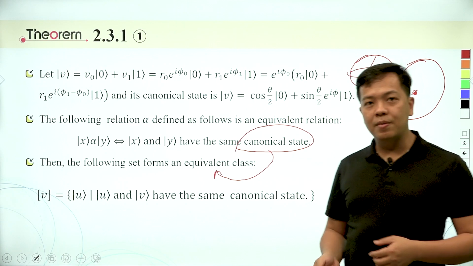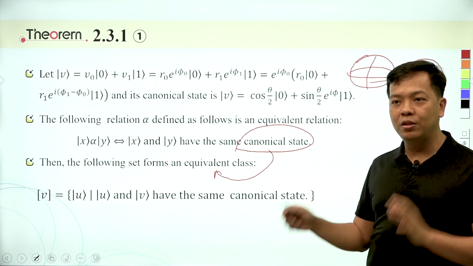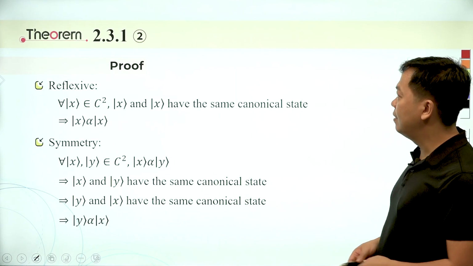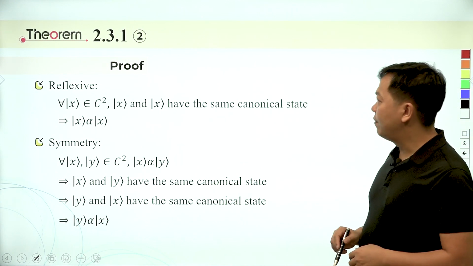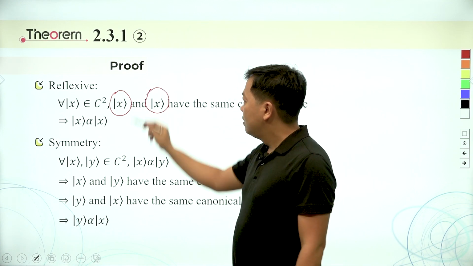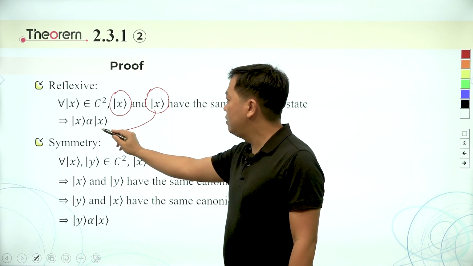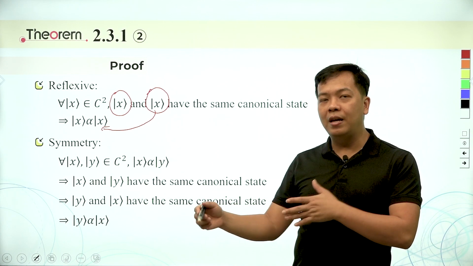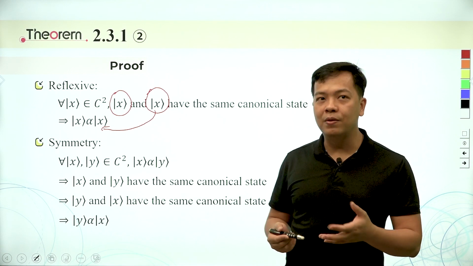We will look at how we can prove that, and how we associate the value. If we have one vector and a constant, this reminds you that a vector has the same canonical state as itself.